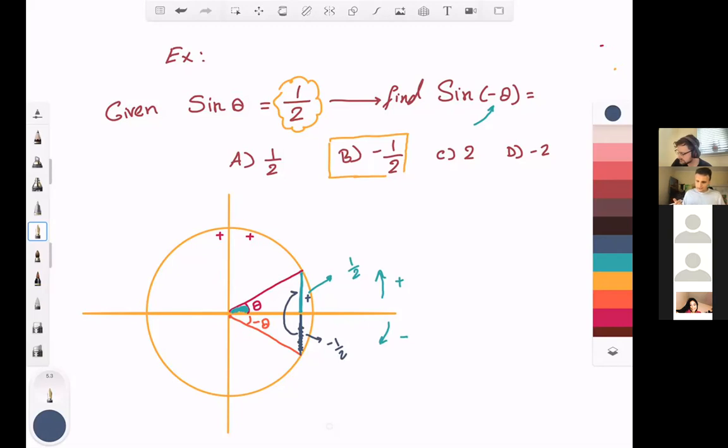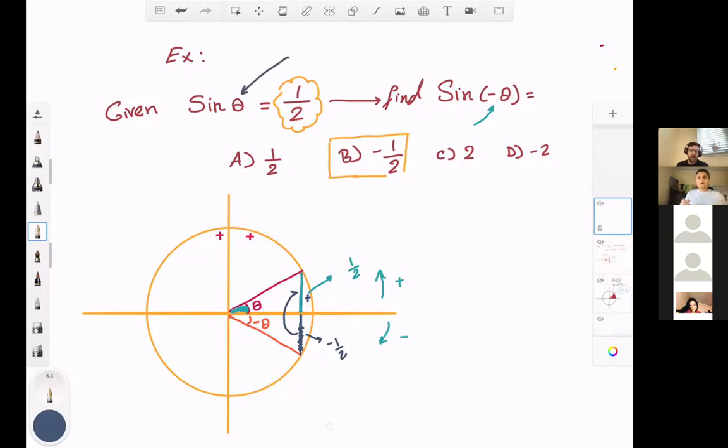So I'm gonna change the one. Here I call it theta, correct? I could label it x. I could just say sine of x equal to 1/2, then find sine of negative x. I can change this one to k, t, whatever. Don't think it always should be theta or alpha. I can label it xy.